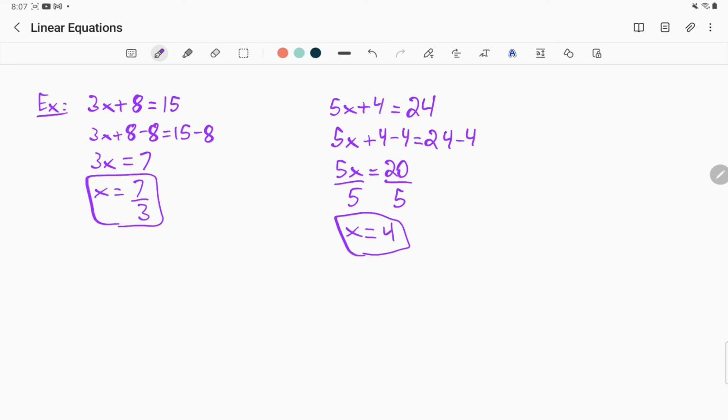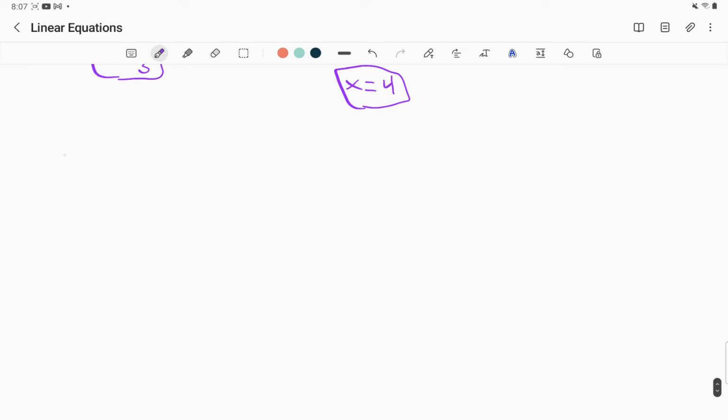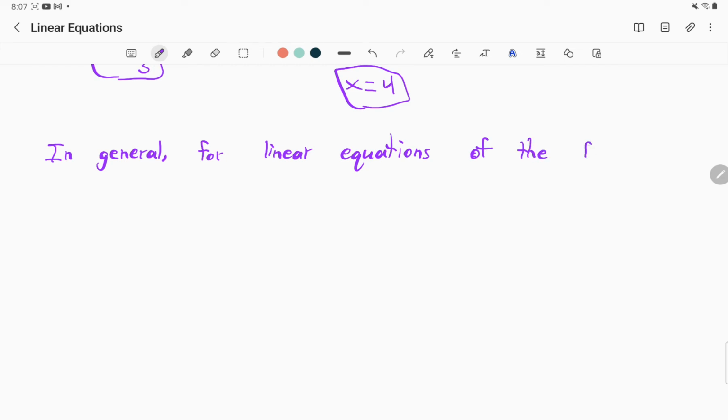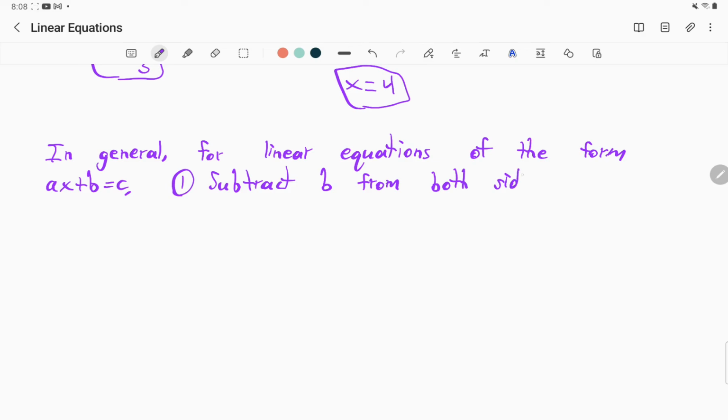All right. Hopefully this makes sense. So in general, I always say in general, what do we do for all these questions? In general, for linear equations of the form ax plus b equals c, step 1, subtract b from both sides.